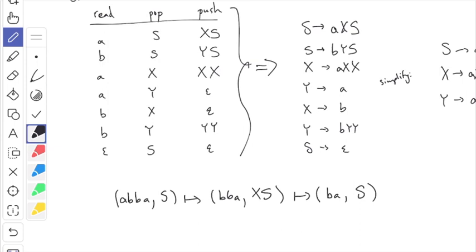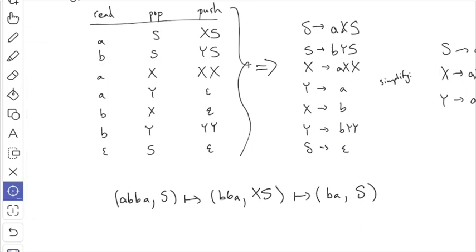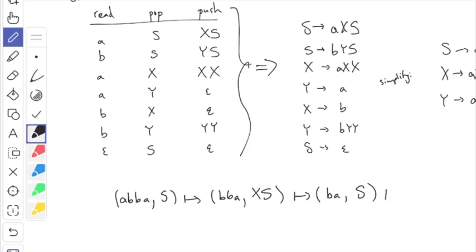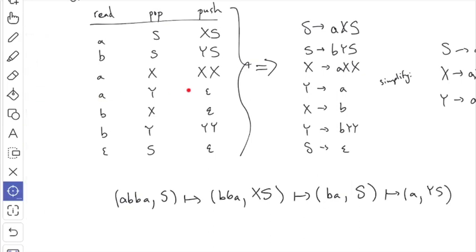Okay, next I have B on the string, S on the stack. I have to do this line, B S YS. So it becomes, play with me, all right. B goes away, S becomes YS. All right, and then I read A, pop Y, push epsilon.